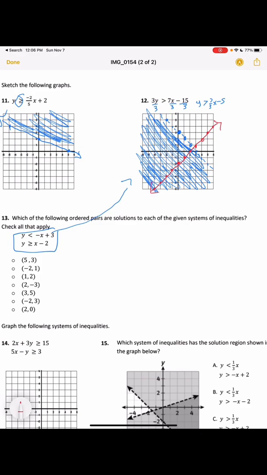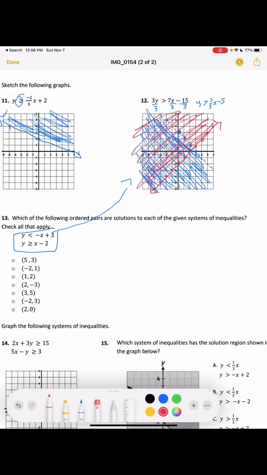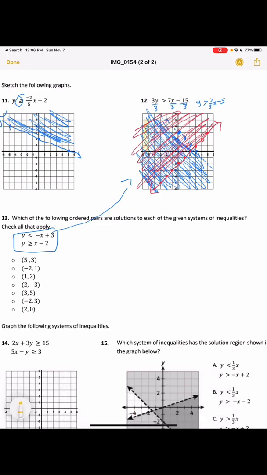And then this graph, we would shade above the line since it's positive. So that would be everything over here. And then our solution area would be everything in this zone right here where they both crossed. It's a little messy. I see that.